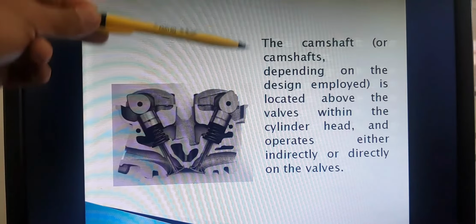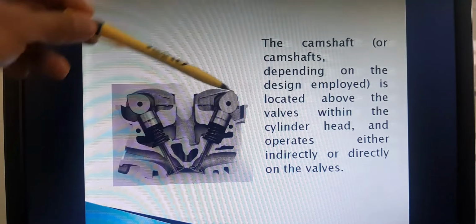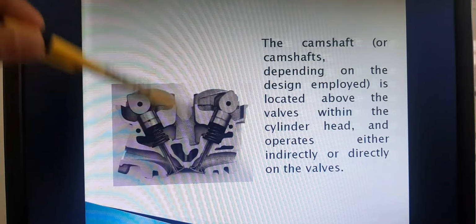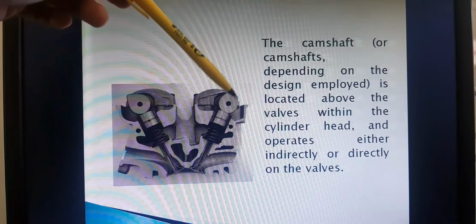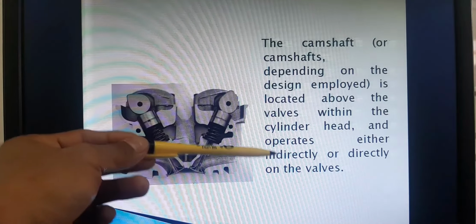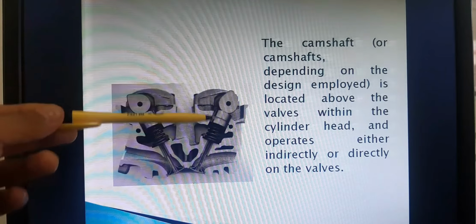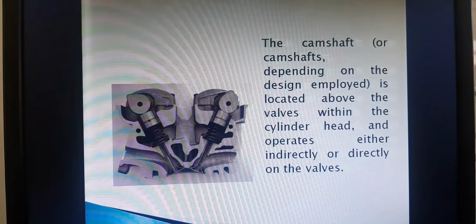So a rocker arm is being placed on that cylinder head so that when the cam rotates and pushes the rocker arm, the rocker arm pushes the valves. So that is indirectly, because the camshaft did not open it directly. Right? So here are our two camshafts.